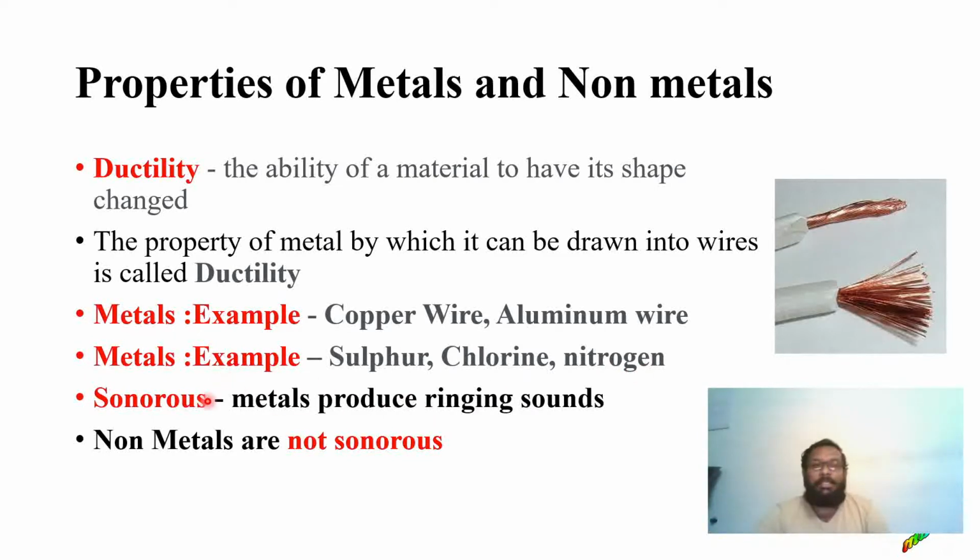The fourth property is sonorous. Sonorous means the material can ring or produce sound. For example, a copper bell or a bronze bell produces a sound when two metals are struck against each other. This property is called sonorous.